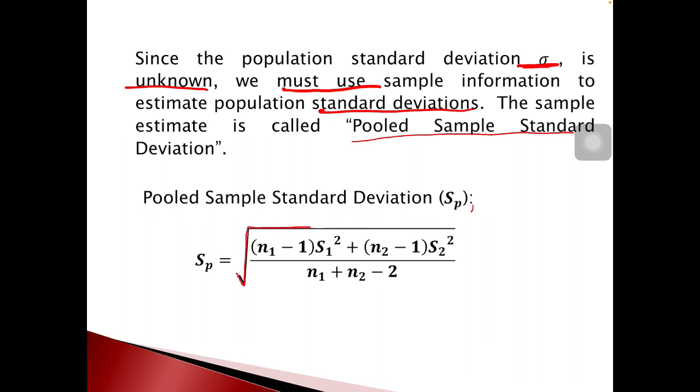This is the formula to calculate the pooled sample standard deviation. n1 is the first sample size, n2 is the second sample size, S1 is the first sample standard deviation, S2 is the second sample standard deviation. By using this formula you can find the Sp value.